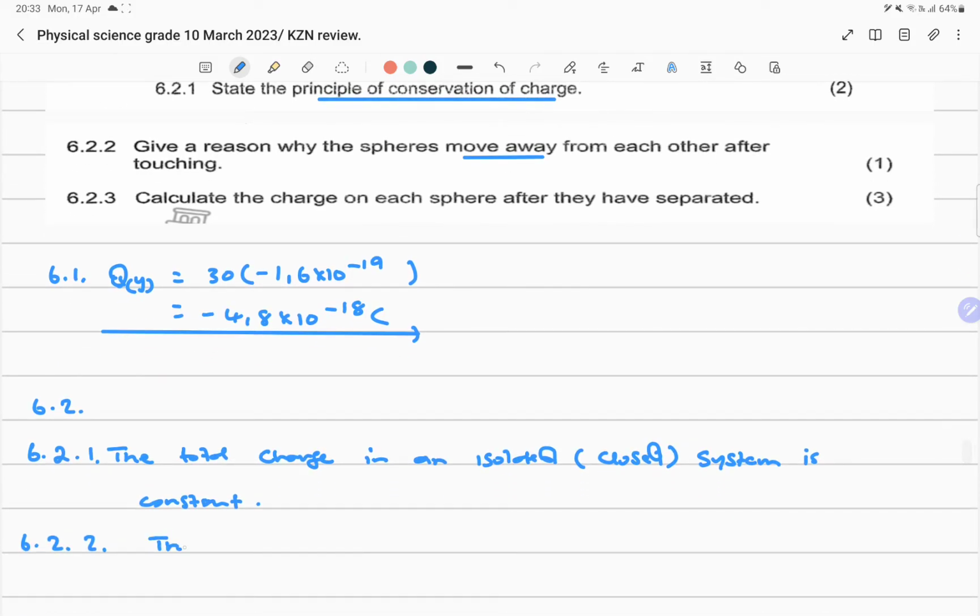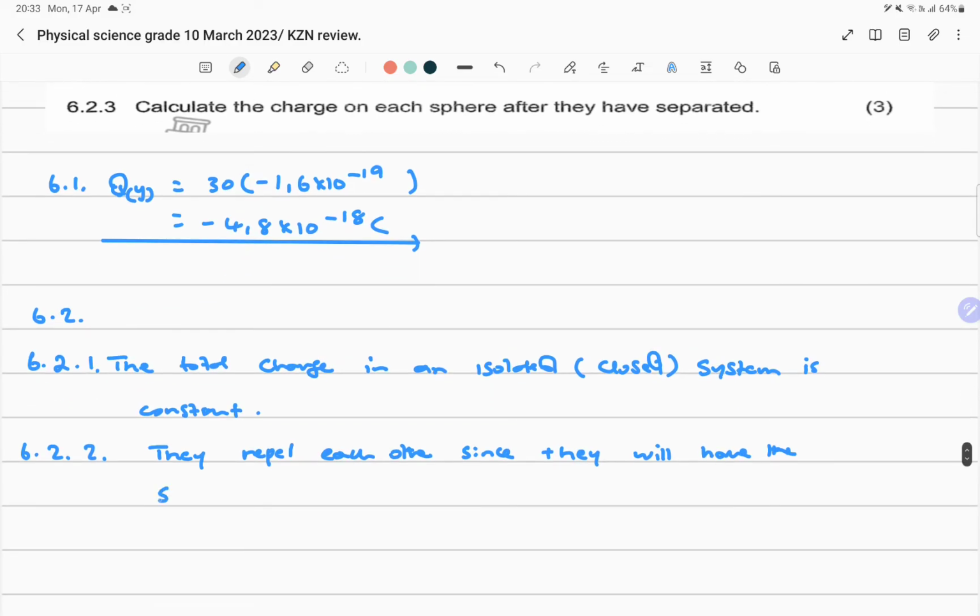We can just say they repel each other since they will have the same amount of charge after they touched.